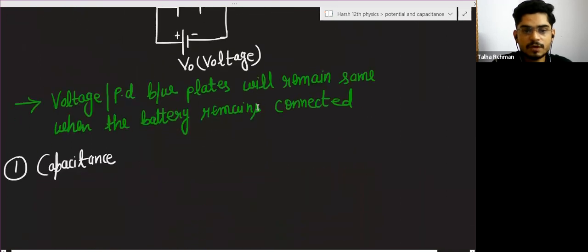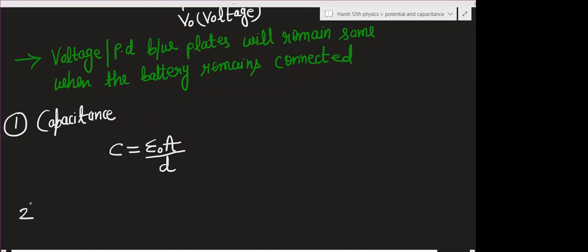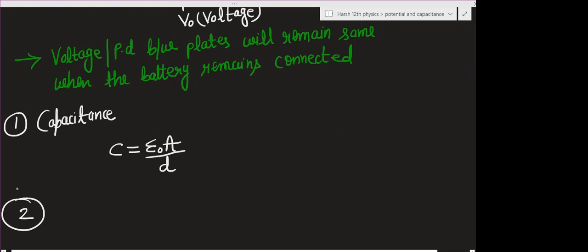So what is the formula for capacitance? C is equal to, when air is placed, epsilon naught A divided by D. So capacitance will become this. Please note it down. This is the simplest case.